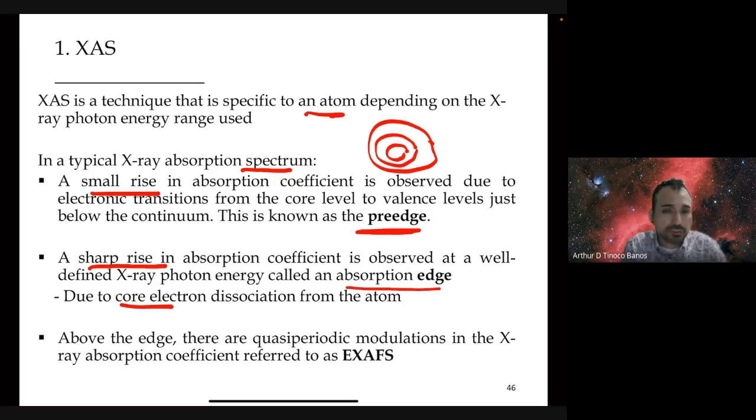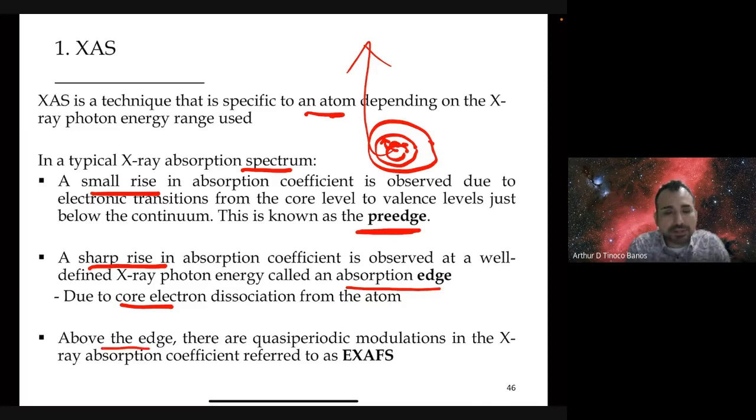Obviously we know we have orbitals, but I'm pretending that we have these orbits, right? You're going from core orbitals to then valence orbitals. Well, that will be your pre-edge, but then with your edge, you're actually dissociating them entirely from the atom.